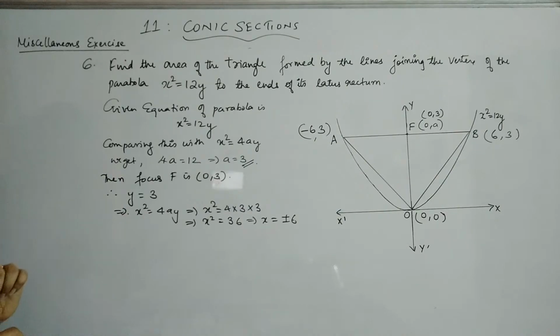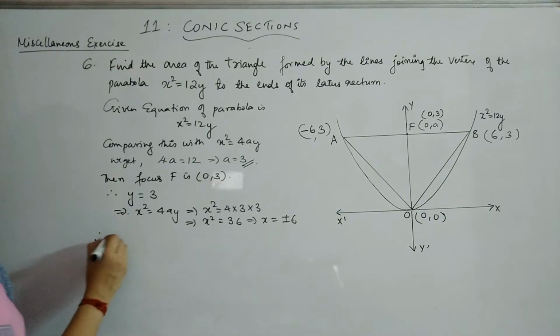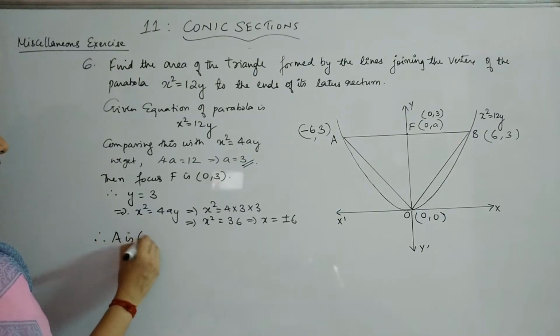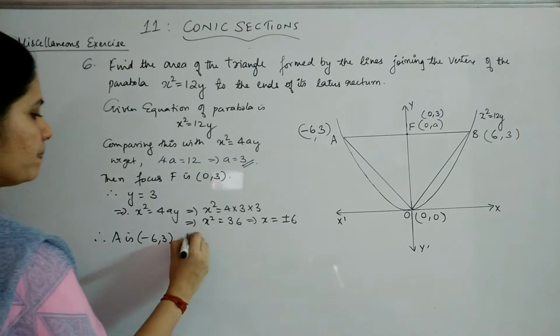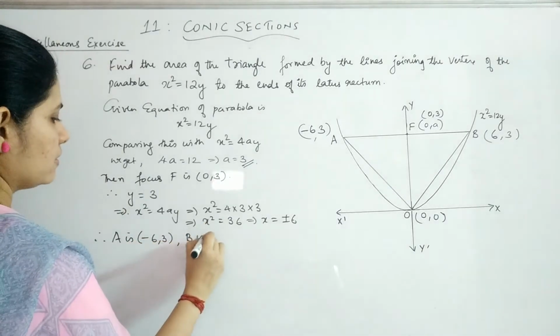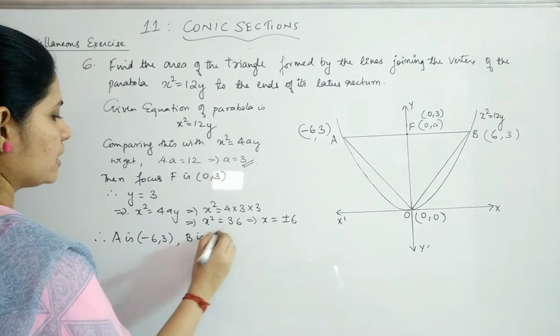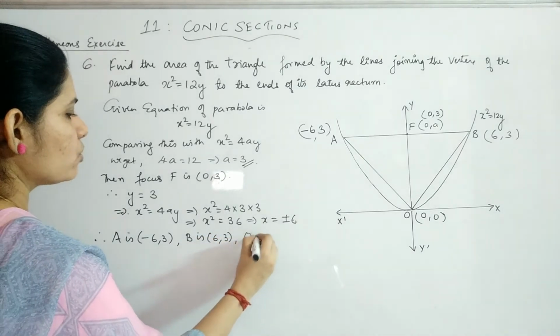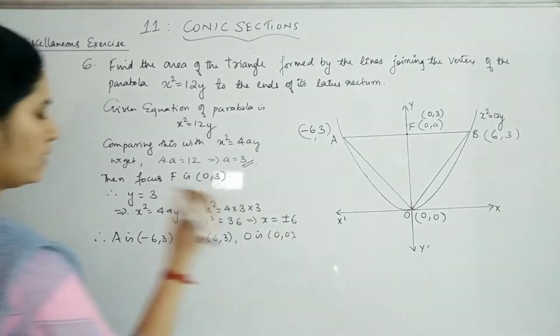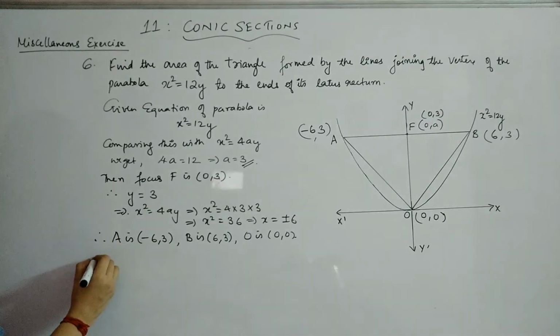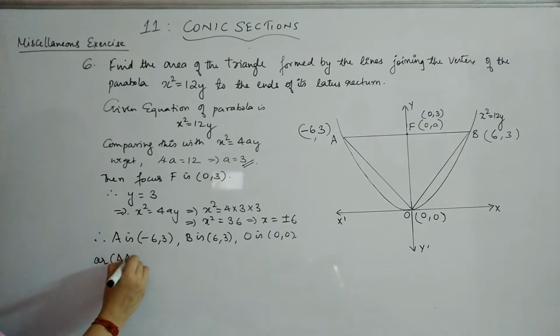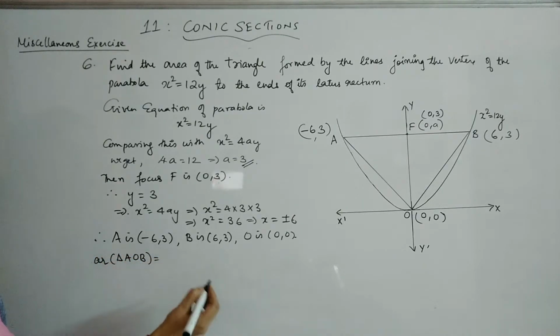Now you can find out the area of the triangle. Therefore A is (minus 6, 3), B is (6, 3), and O is (0, 0). Hence, we are finding out the area of the triangle AOB.